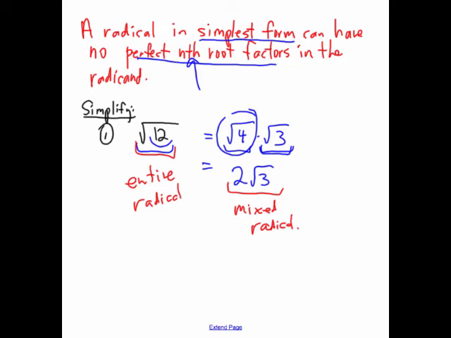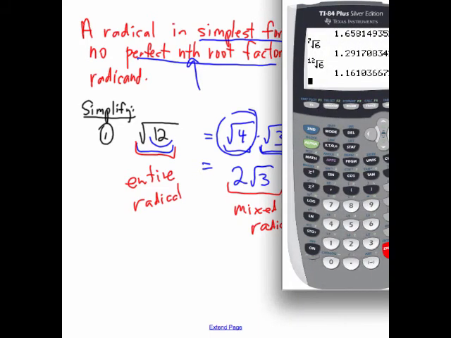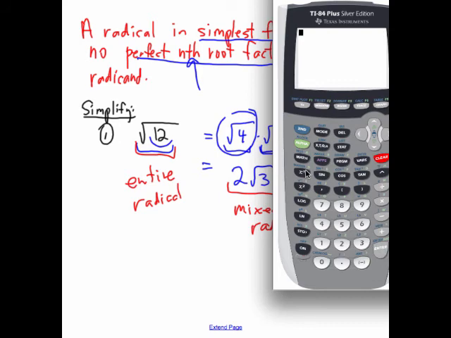If you're not convinced, let's go over to the calculator and type in the square root of 12. Now let's multiply 2 by the square root of 3, and you'll see we get equivalent decimals.